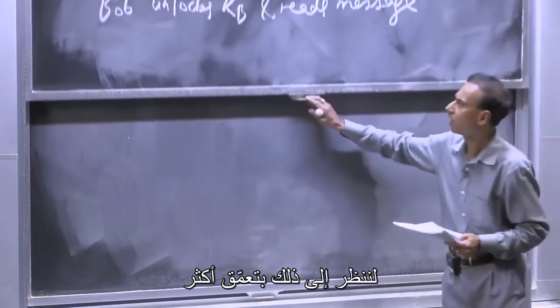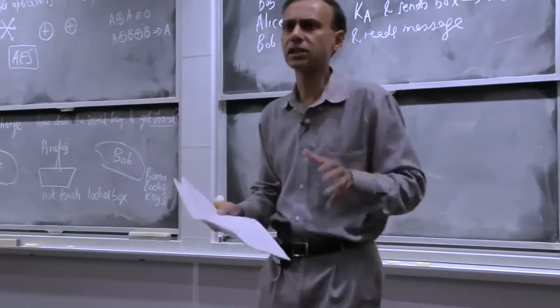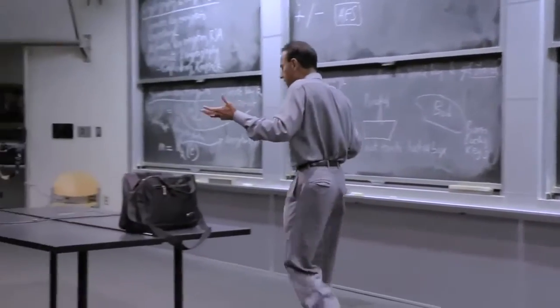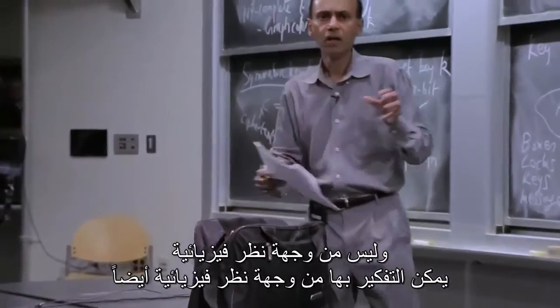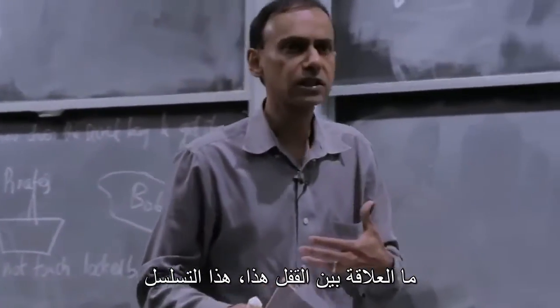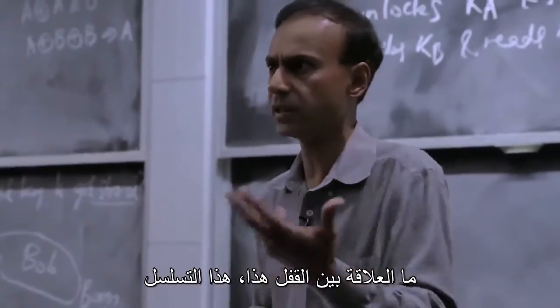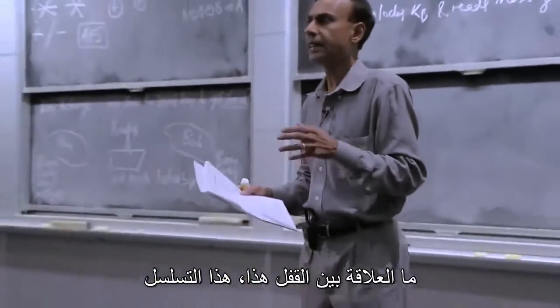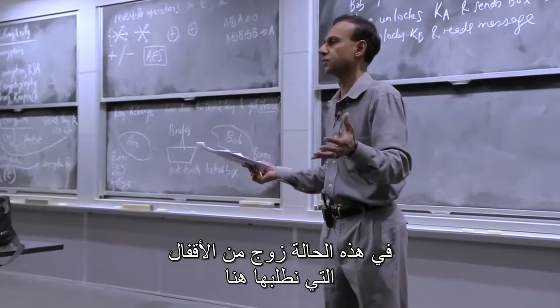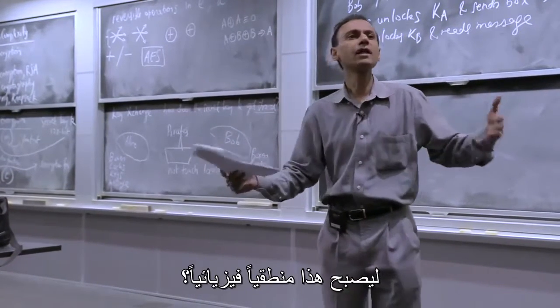Let's look at it a little more deeply and think about it from a mathematical standpoint, not a physical standpoint, or you could think about it from a physical standpoint as well. What is the relationship between this locking sequence, in this case a pair of locks, that we require in order for this to physically make sense?